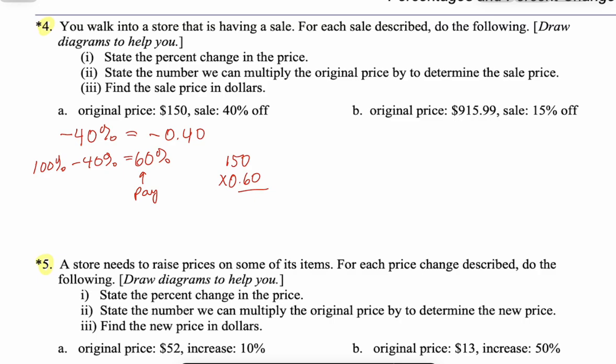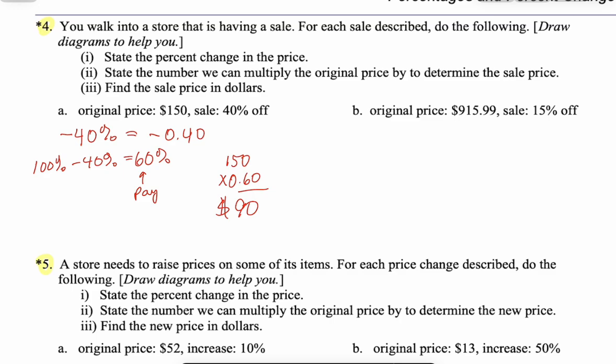So 150 times 0.6 is 90. It gives me that $90 final payout instantly. So I like to do it like that. I like to take that thing off of the 100% and then do the math.